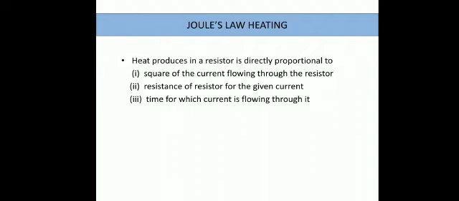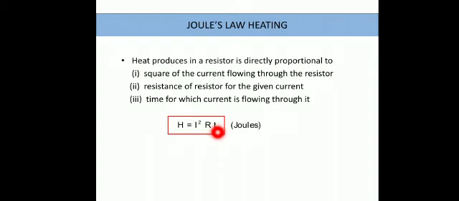So according to Joule's law of heating, the amount of heat energy produced, or energy consumed, is directly proportional to these three quantities: the square of the current, the resistance of the conductor, and the time for which the current is flowing through the wire.